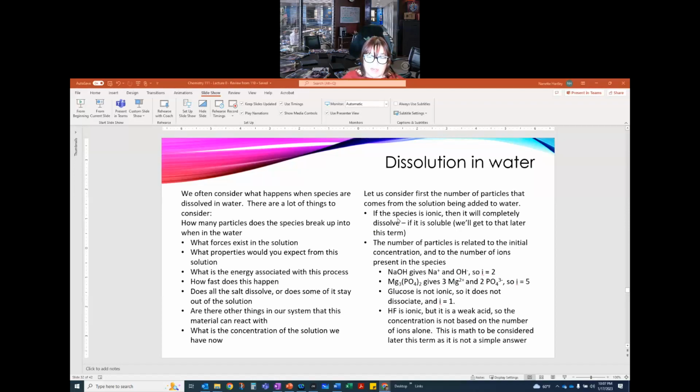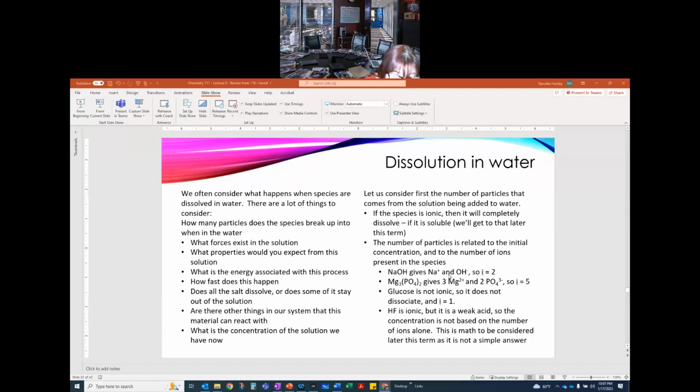So when I talk about something like NaOH, when that goes into solution, I get an Na+ and an OH-. And so the van't Hoff factor is 2. The van't Hoff factor, again being i, is the number of particles that species becomes when dissolved.